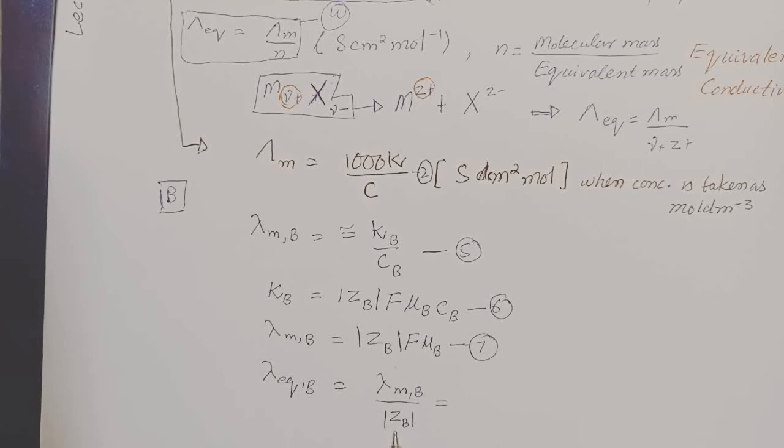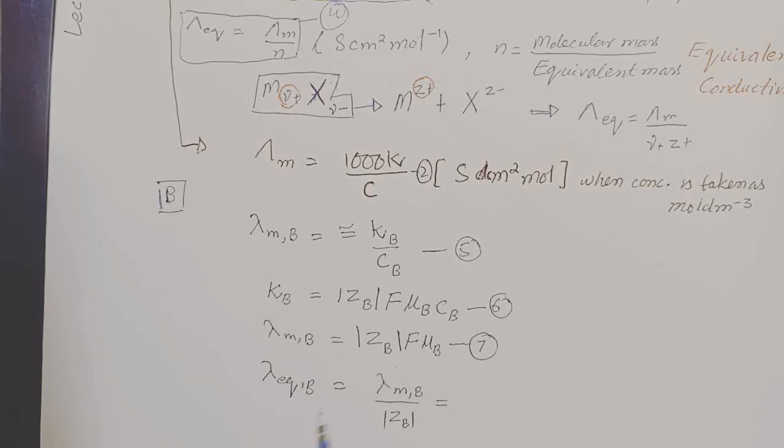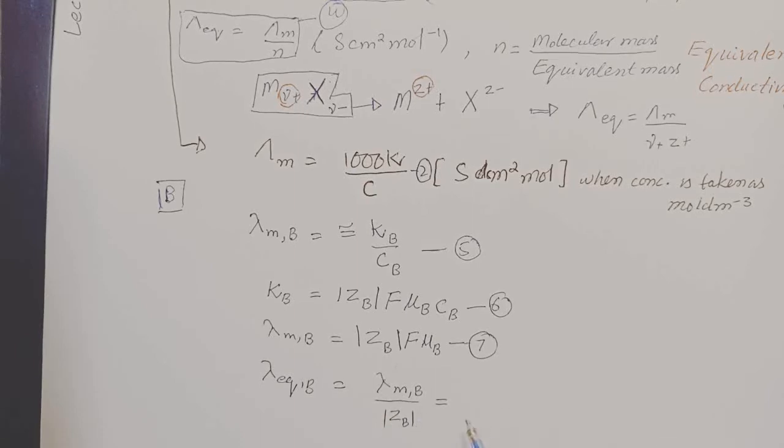For example, if we are taking copper 2 plus, then the value of Zb will be 2. So here the molar conductivity is given as equation 7, so we can compare the equivalent conductivity as this one divided by the valency, so it will be equal to Faraday's constant times the mobility of ion B.